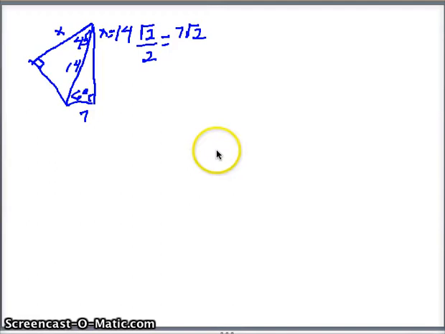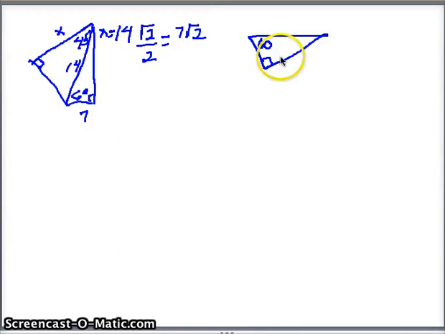Let's try another problem here. Let me see if I can draw this accurately as best as I can. I've got a line here, and then I'm going to come down here to right about there, go up. There's my right angle. There is 60 degrees.